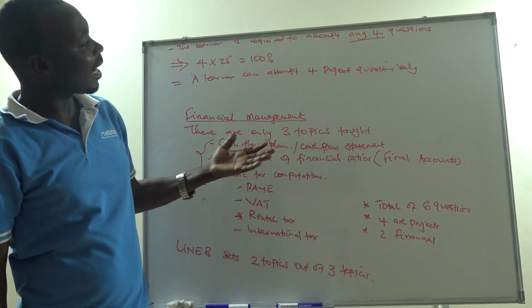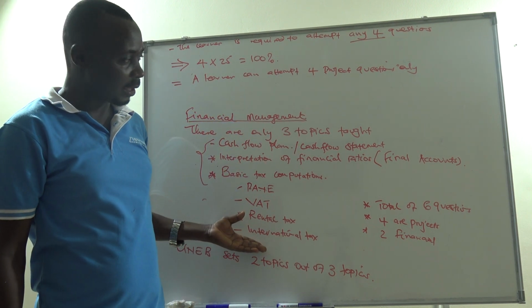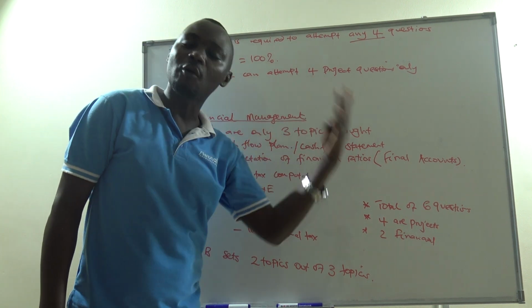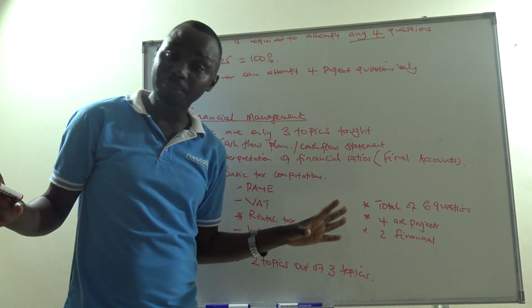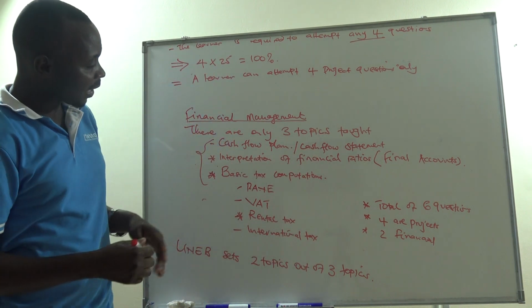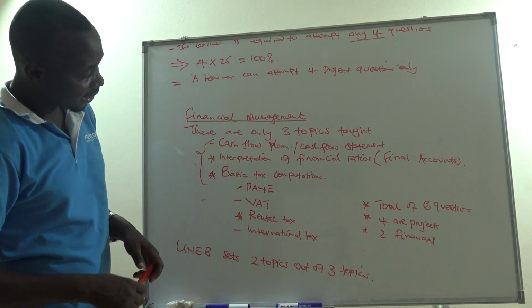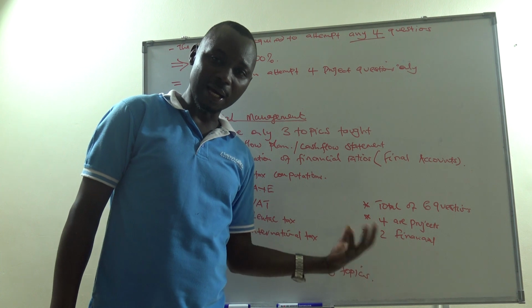A learner can attempt 3 projects and 1 financial management, totaling to 4, and get 100%. There is no problem. You can attempt any 4. So that is basically how paper 2 is set, and we shall see how to begin learning it.